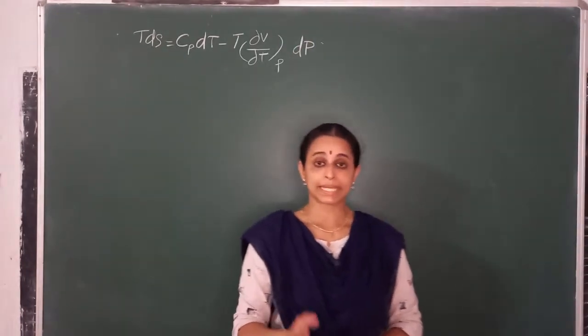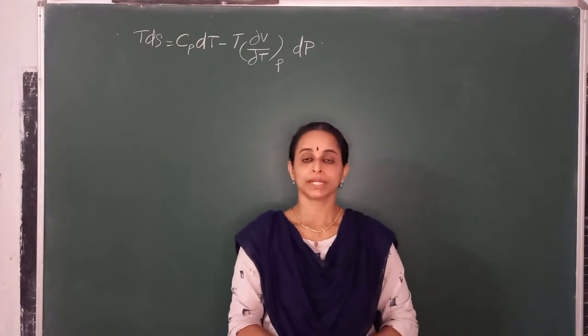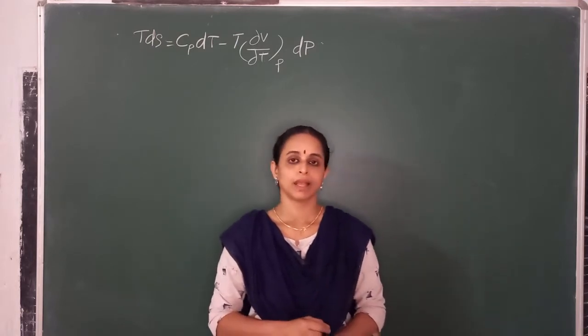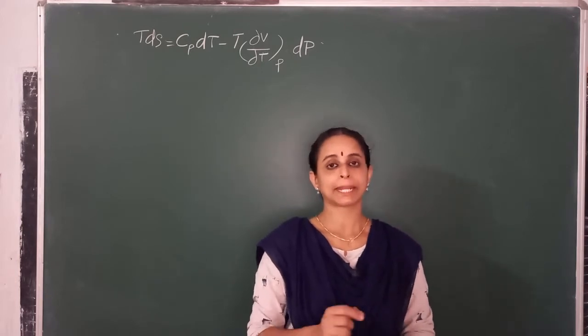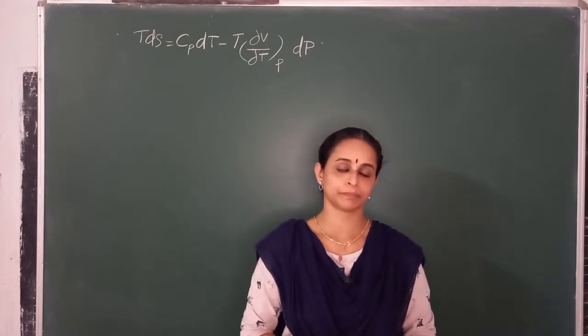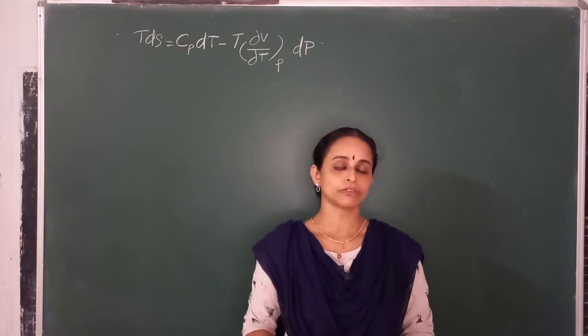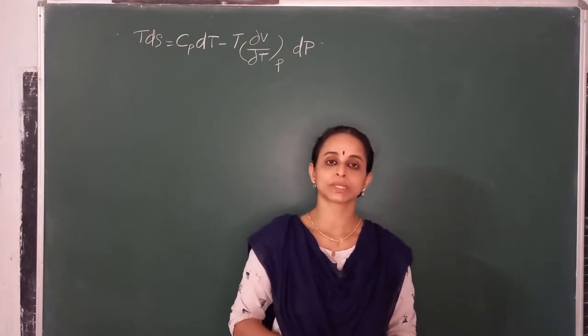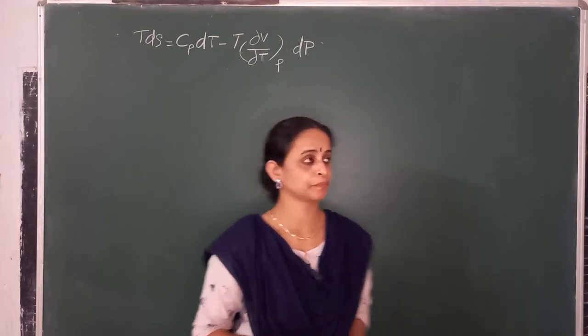There are two applications. One is the reversible isothermal change of pressure and the other is the reversible adiabatic change of pressure. So we can go into the first application, that is reversible isothermal change of pressure.